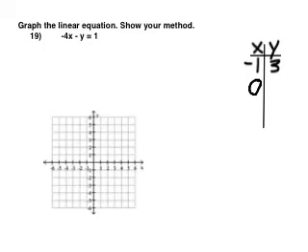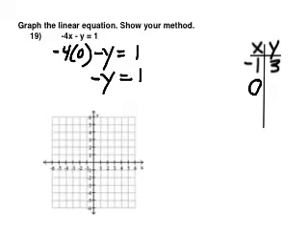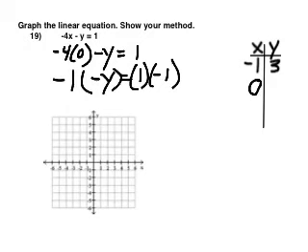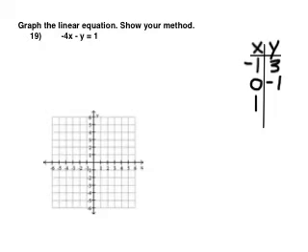Now let's pick 0 for x. So we've got a negative 4 times 0 minus y equals 1. Negative 4 times 0 is 0, so we have a negative y equals 1. And we'll multiply through by a negative 1, and we get y equals a negative 1. Now let's try 1. Negative 4 times 1 minus y equals 1.